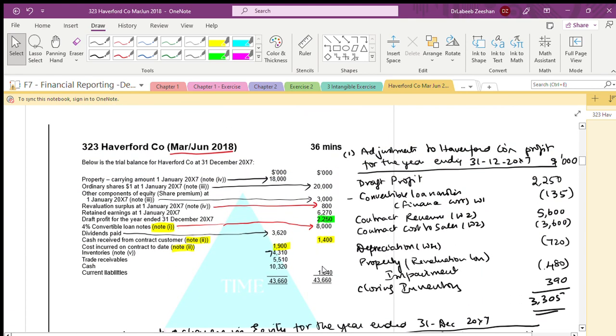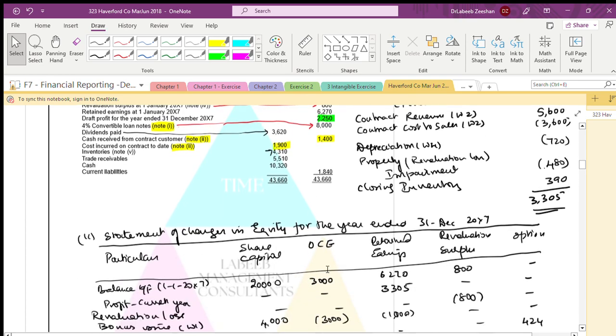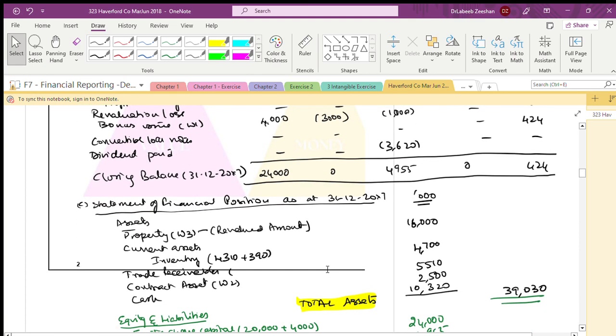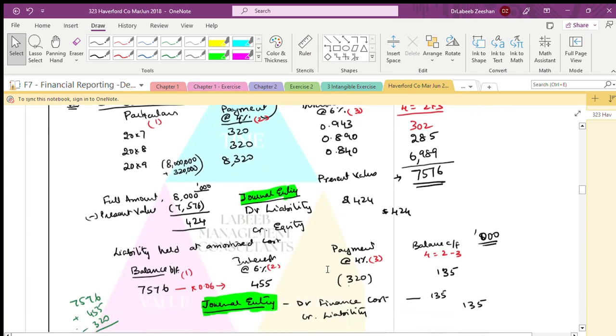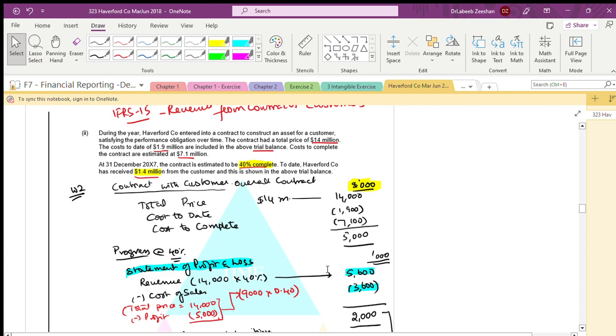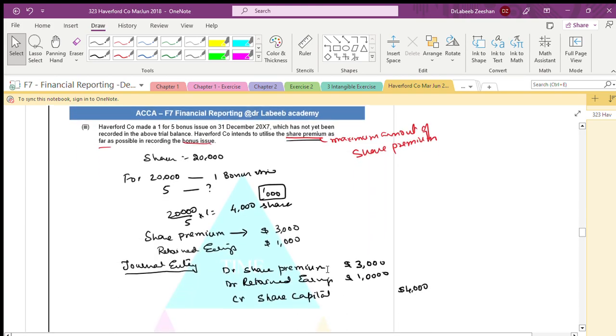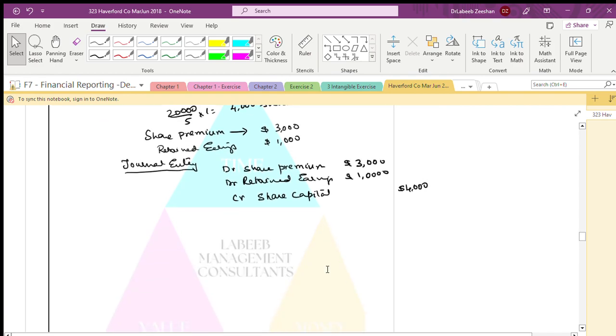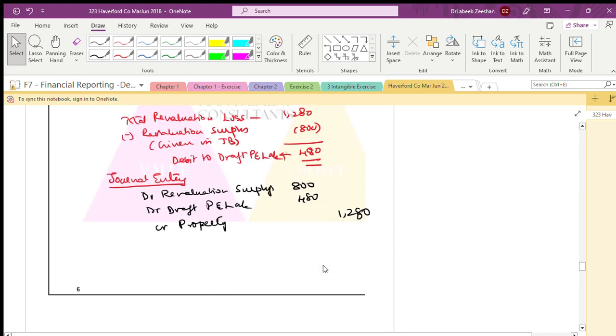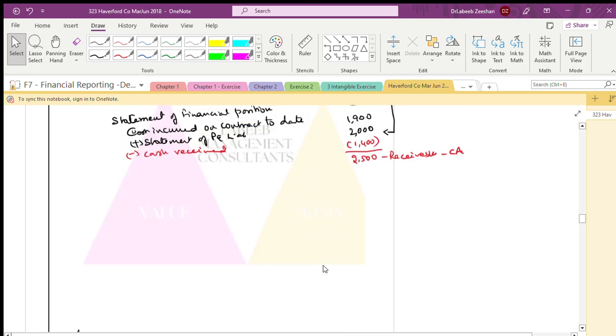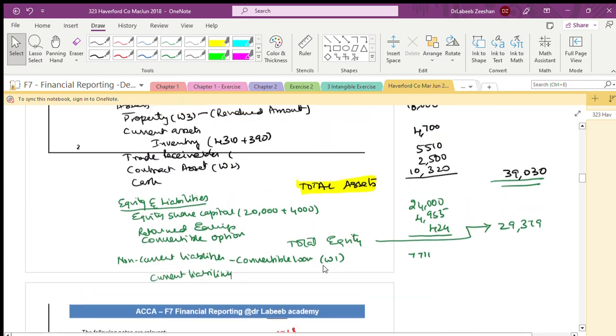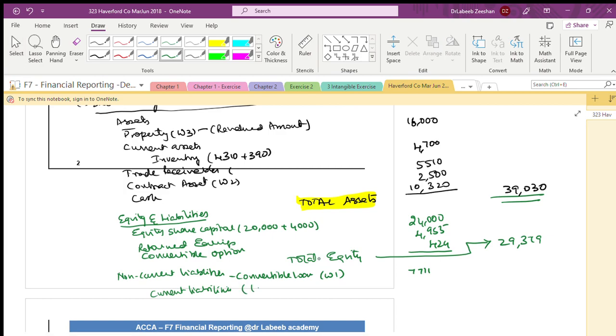The 1840 plus 100, this 100 is a question mark, comes to 1940.